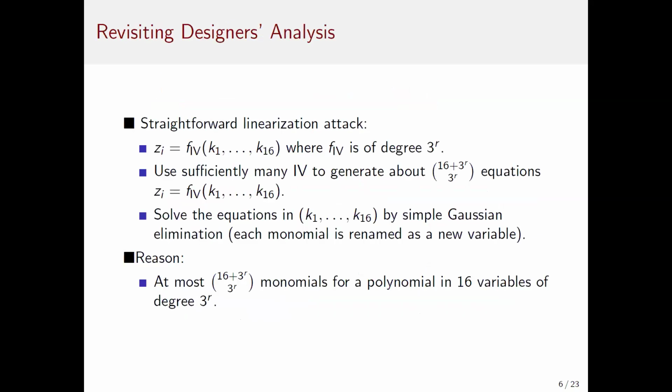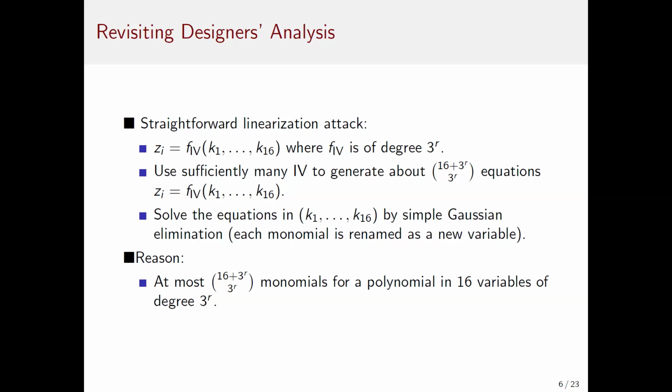So for R rounds of Hila, the degree of this polynomial is simply 3 to the R. If we use sufficiently many IVs to generate sufficiently many key stream words, we can have so many equations.